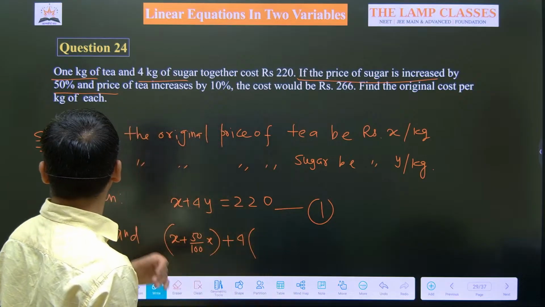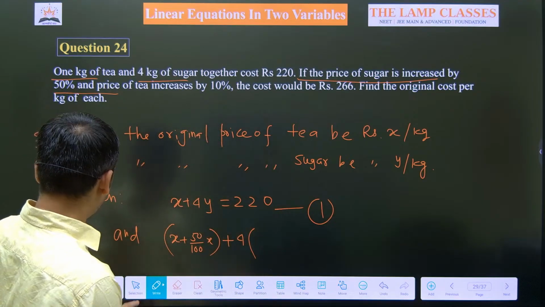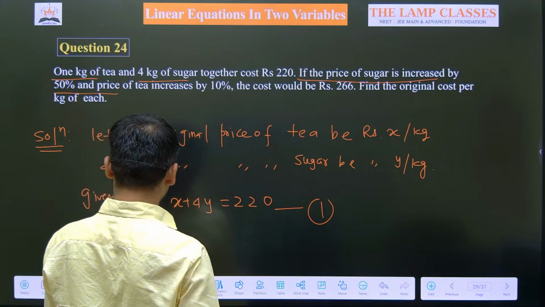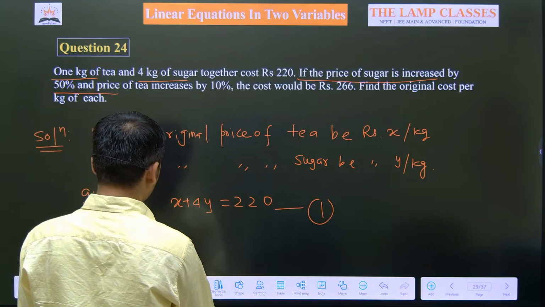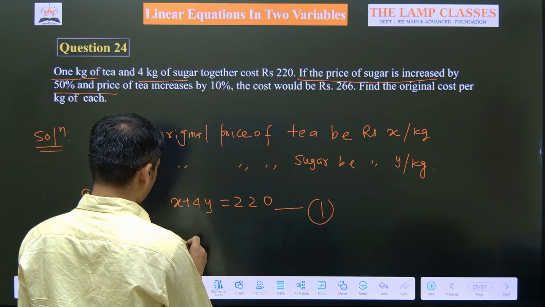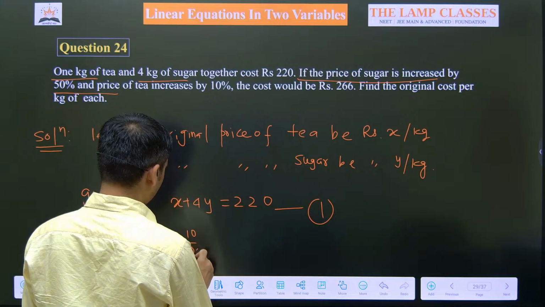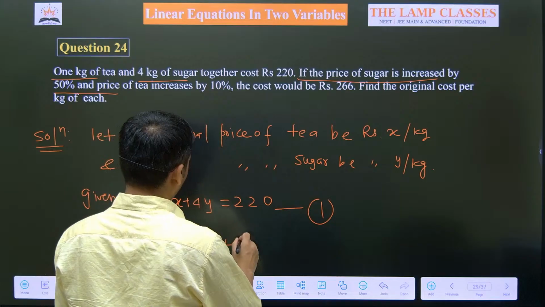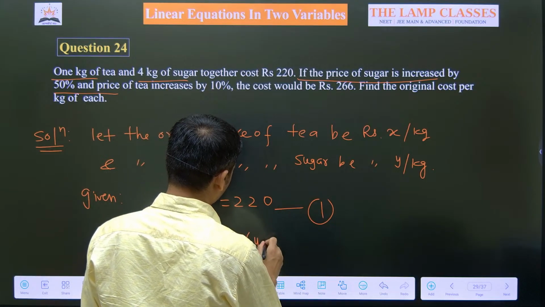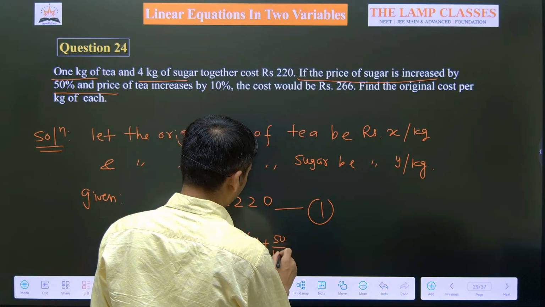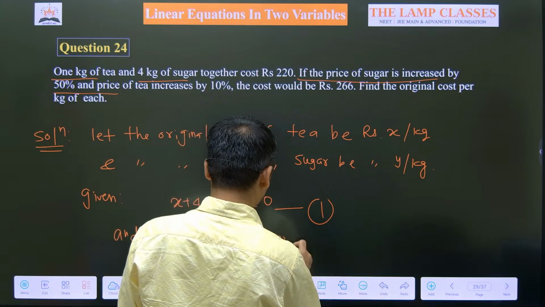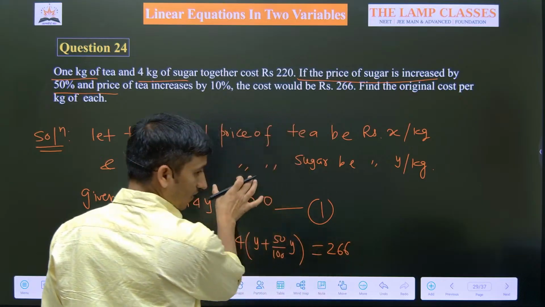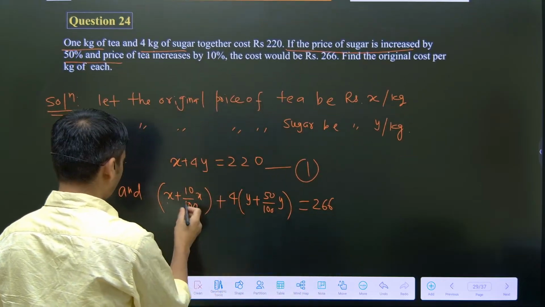Okay, I have written it the other way around. X is the price of the tea, right? And tea is increased by 10%. So the tea will be x plus 10 upon 100 into x. That's the new price. Plus 4 times y plus 50 upon 100 into y. That is 266 rupees now. Let's simplify the second equation.